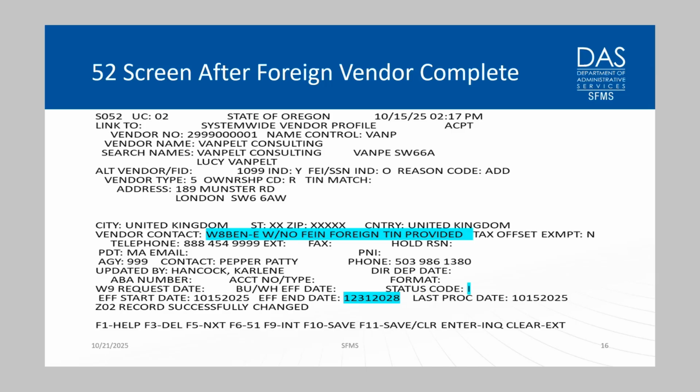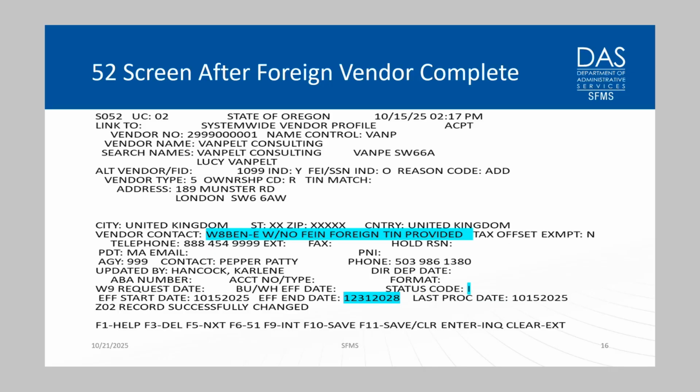If it had a U.S. issued ID that was confirmed, it is a 7, it's fine, it's a good to go ID, then the effective end date would be blank and would be put into I status.